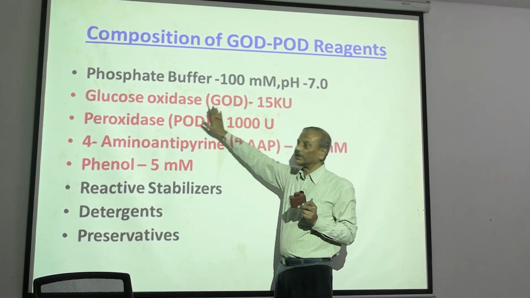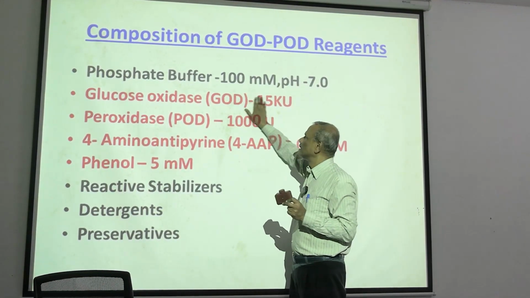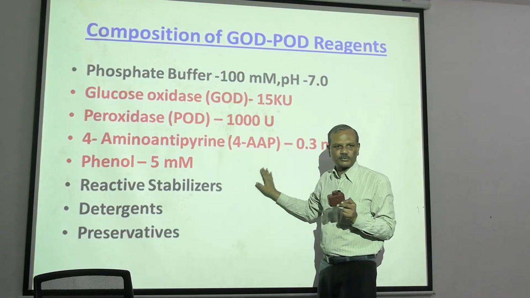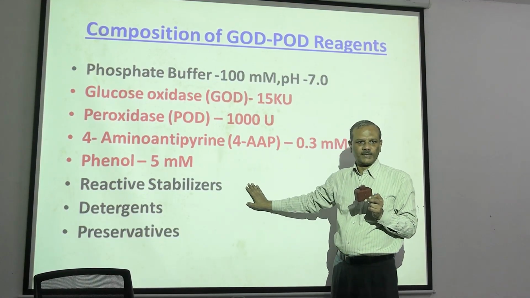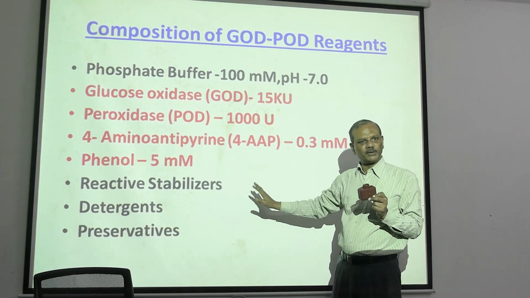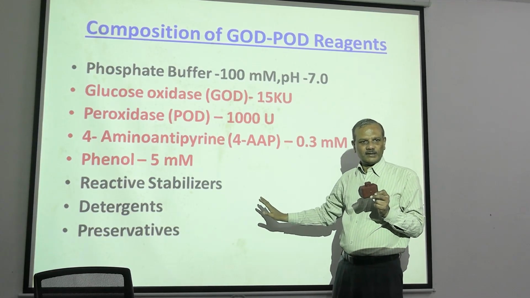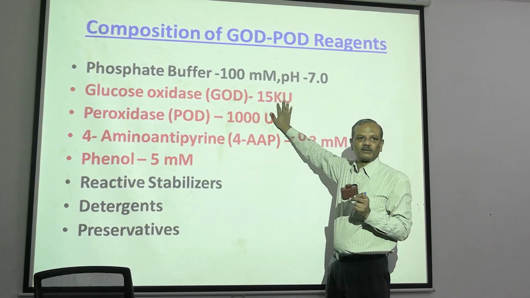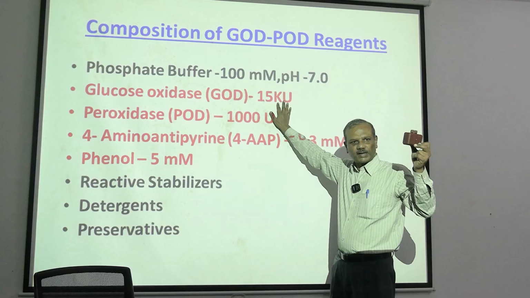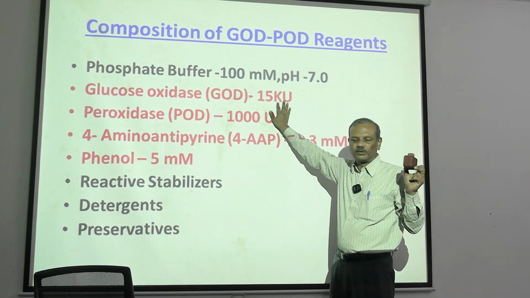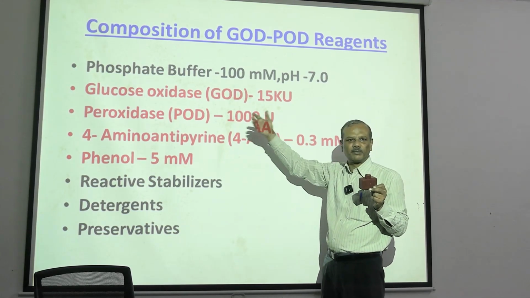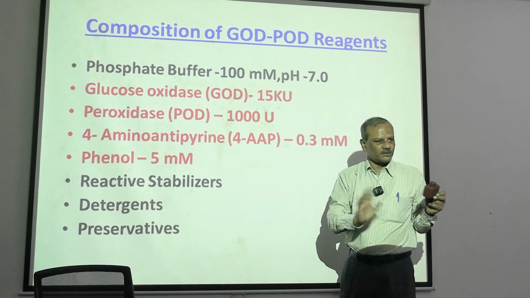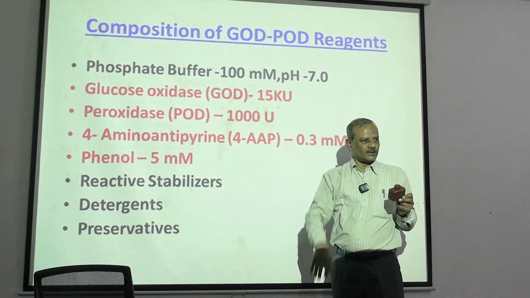The pH you can write down. These are minor details you are not supposed to write or know. I am informing you for your own understanding, because this might be 20 in some region, 30 or 50, this might be 1,000, 500, 1,500, 5,000. That is what the company will decide.